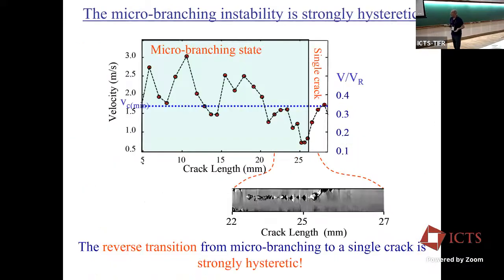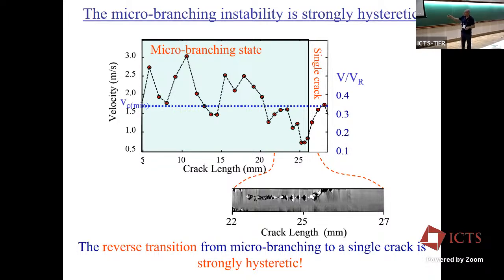In fact, the big test of a first order phase transition is in your microbranching state here, this is our critical velocity. If you're microbranching and you go below this, in all of this shaded area, it's still microbranching, well below the critical velocity. So we see hysteresis in this transition.